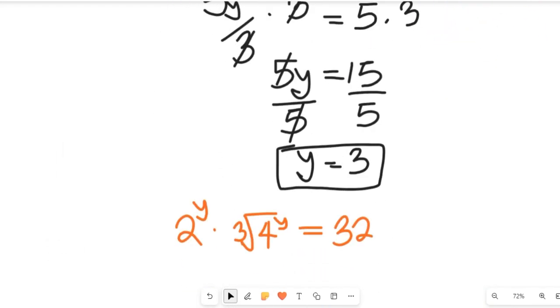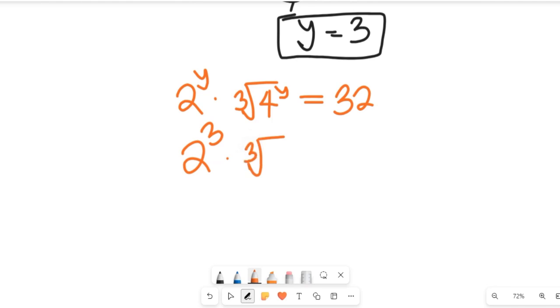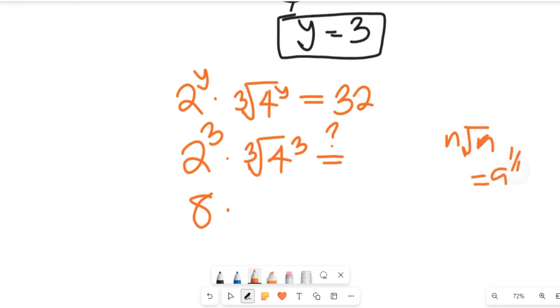Now let's find out if we insert y equal to 3, will it give us 32? So we'll have 2 to the power of 3 multiplied by the cube root of 4 to the power of 3. Will this give us 32? So 2 to the power of 3 is going to give us 2 times 2 times 2, which is 8, multiplied by, remember, the nth root of any value a is equal to a to the power of 1 divided by n.